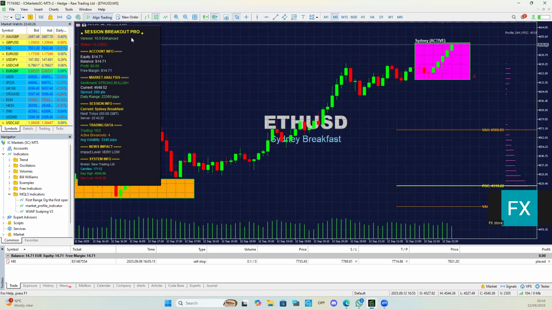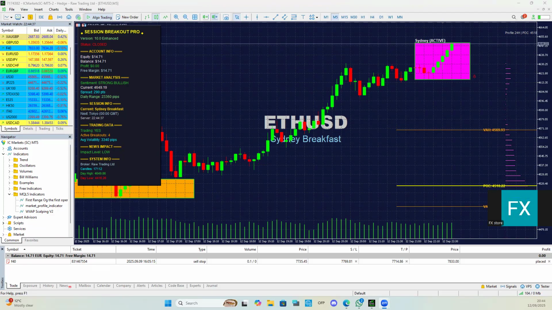So now, what about the stop loss? VAH, POC, VAL. Okay, if you are familiar with market profile, what do they mean? VAH stands for value area high, which is the highest price level within the value area, typically where 70% of trading volume occurs.